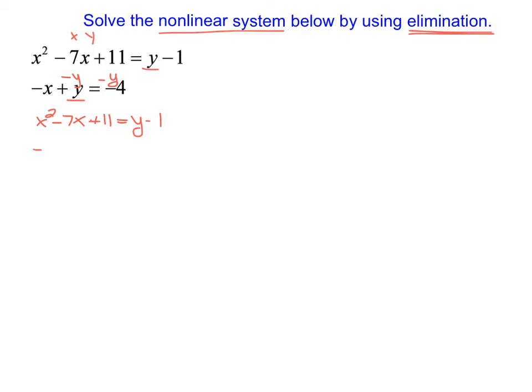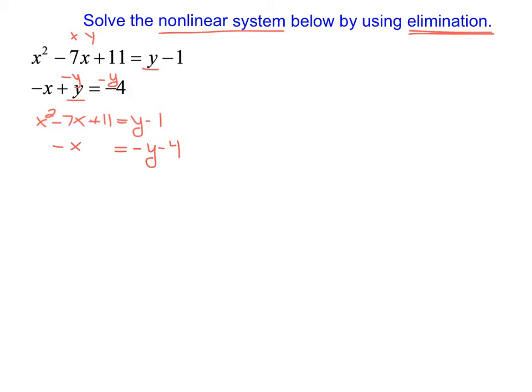And then I have negative x, which I'm going to align underneath the 7. So I'm going to do negative x, then I don't have a number, so it's equal to negative y minus 4. Notice how I'm aligning them up, so I can see what's on each side of the equation.